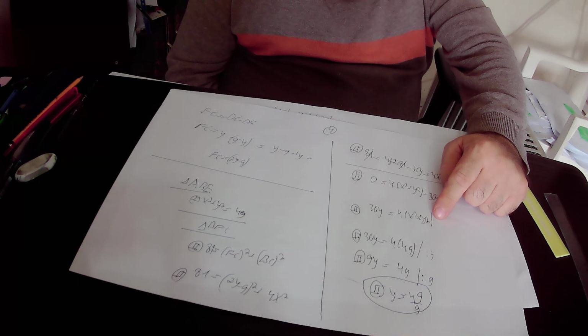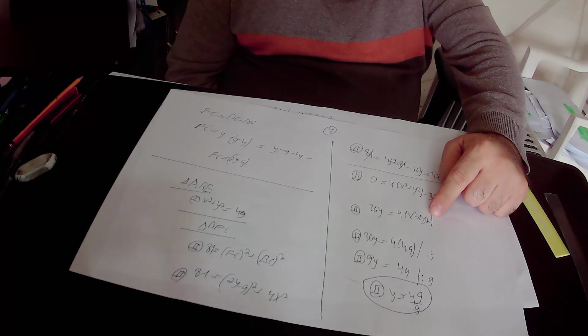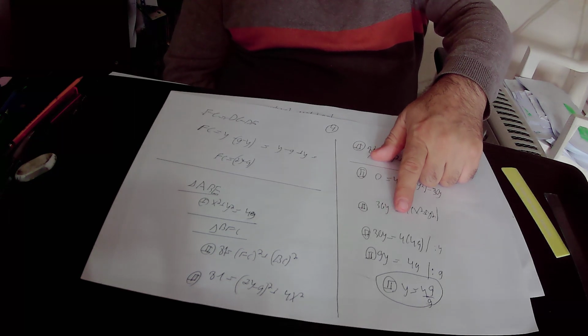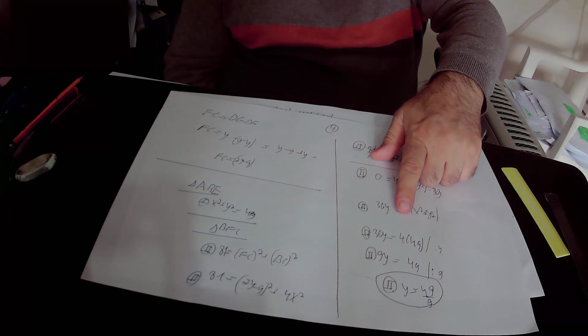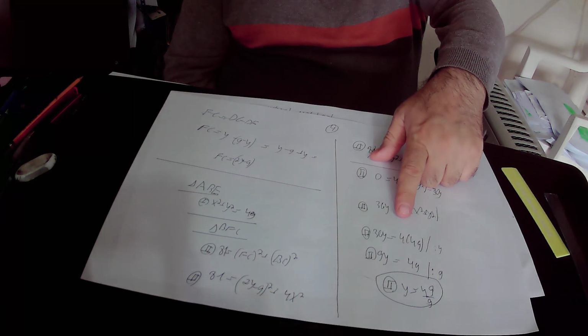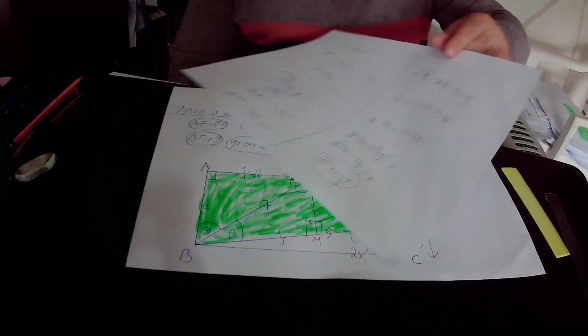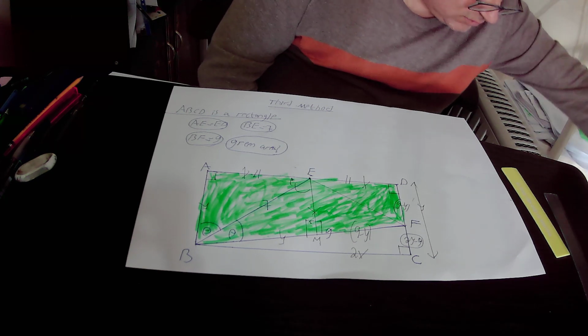Then we substituted x squared plus y squared by 49, because according to equation number 1 it equals 49. Then we divided equation number 2 by 4, and we got 9y equals 49. We divided by 9, and we got that y equals 49 over 9.